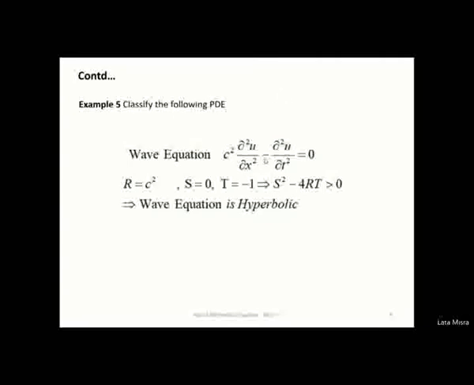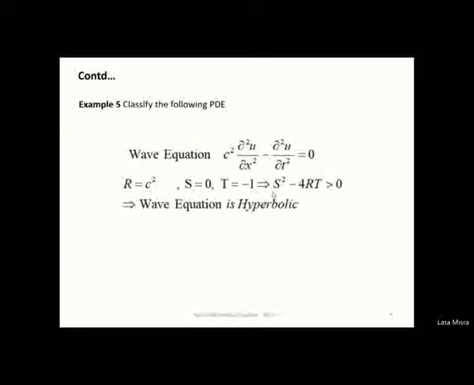Now again we have an example: classify the following partial differential equation, the wave equation, c squared del 2u by del x squared minus del 2u upon del t squared equal to 0. Here we see r equals c squared, s is 0 and t is equal to minus 1.